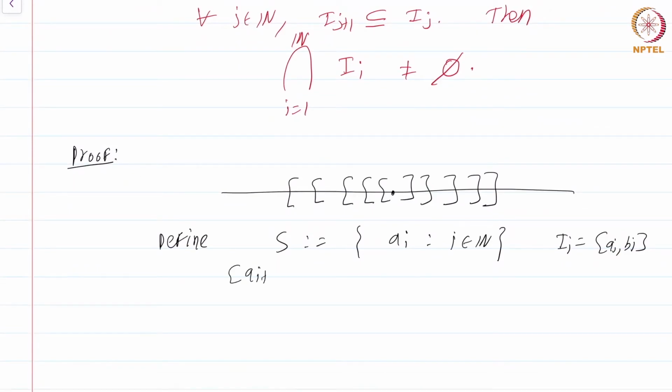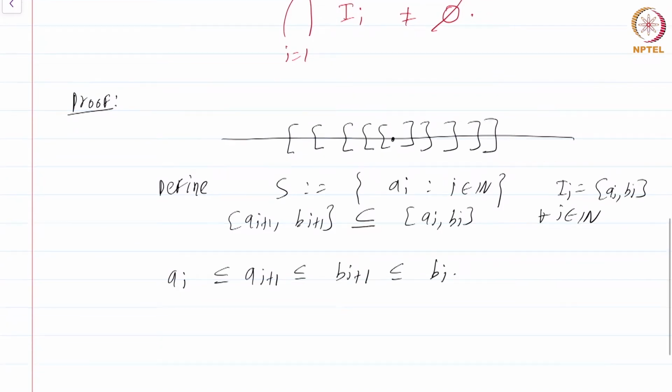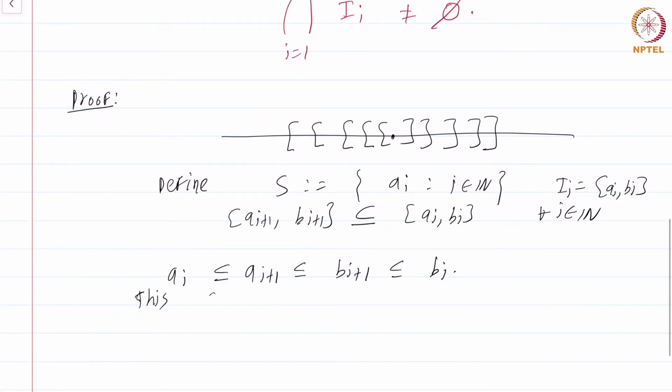Note that because [a_{i+1}, b_{i+1}] is always a subset of [a_i, b_i] for all i in N, it immediately follows that a_{i+1} dominates a_i, which is less than or equal to b_{i+1}, which is less than or equal to b_i. This shows that each b_i is an upper bound for S.